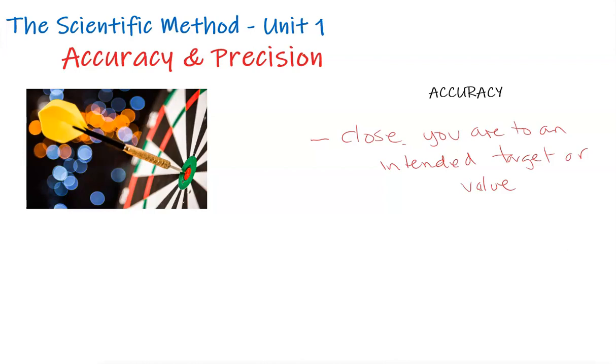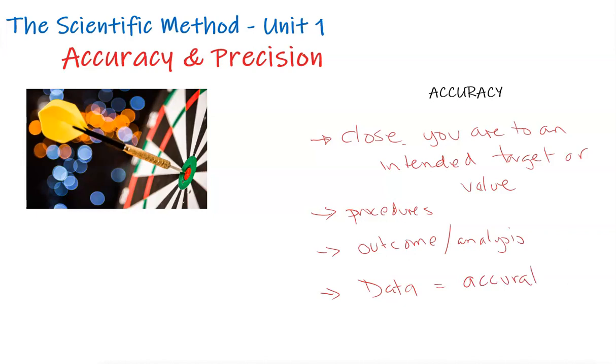But the accuracy of your procedures, your handling of the experiment, is going to dictate the outcome. It's going to dictate the level of analysis that you can produce on the data set. The data itself can be controlled or even highlighted through accurate performances or details within the experiment.